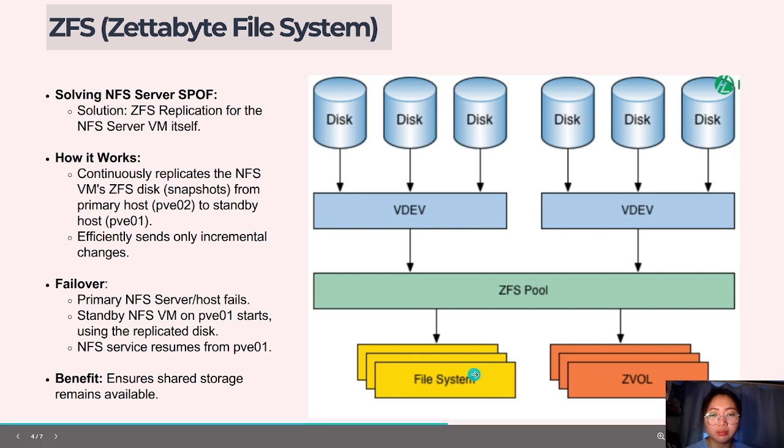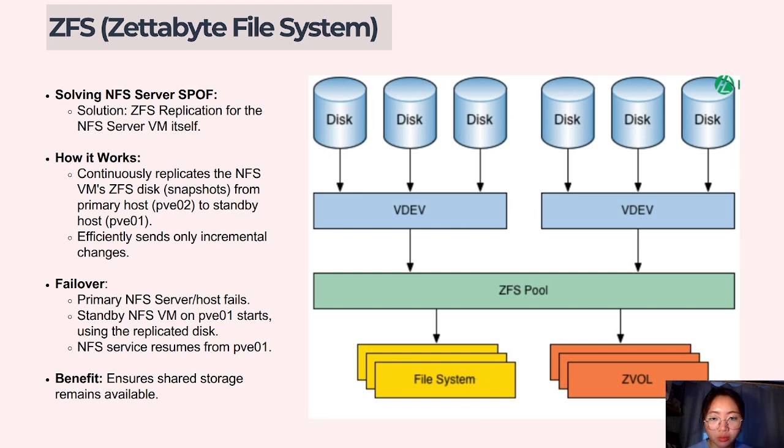If the primary NFS server or its host fails, the standby NFS VM configuration on PVE1 is activated. This standby VM starts booting directly from the replicated ZFS disk, which Proxmox promotes to a writable state.